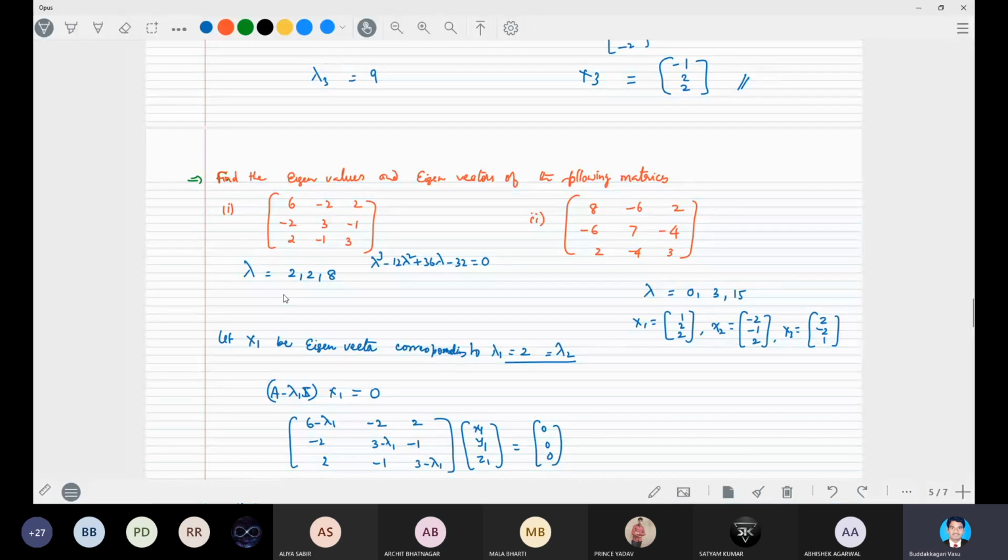Verify your calculation. Check. Find out the characteristic equation for the first problem.